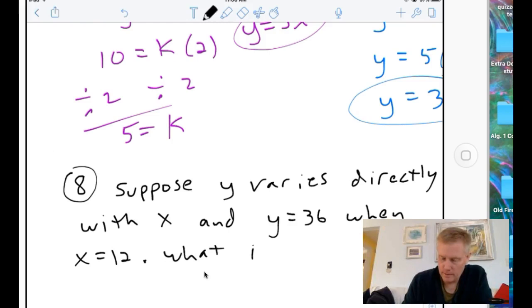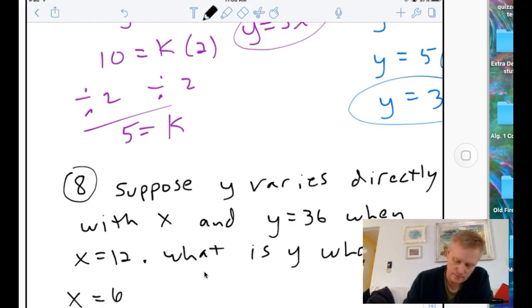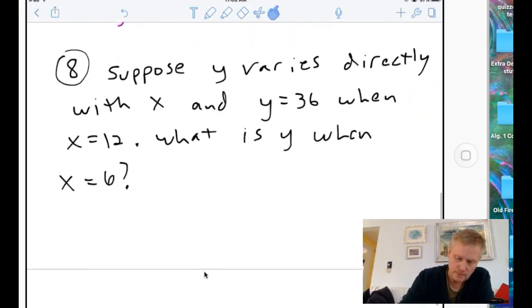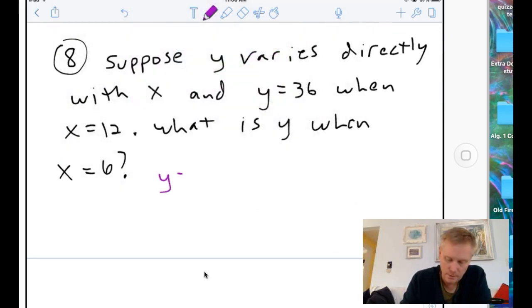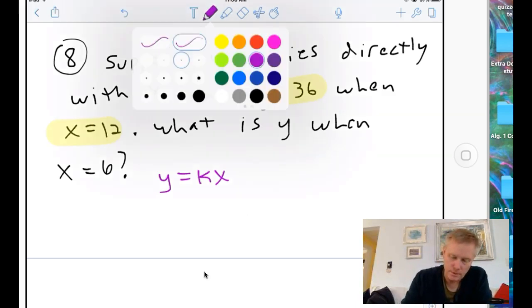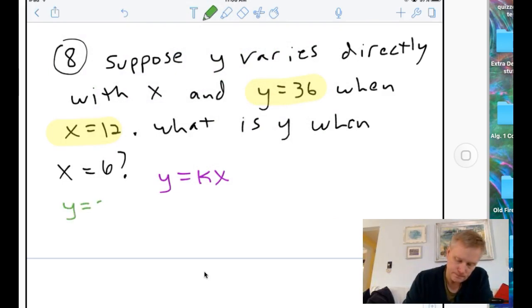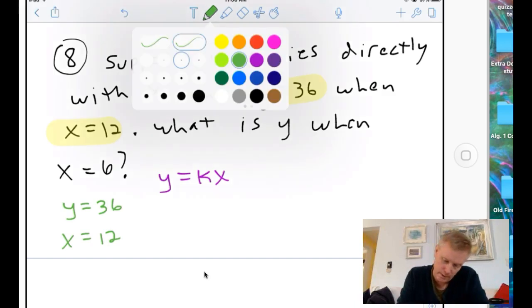What is y when x is 6? Alright, so y equals kx. Over and over again, y equals kx. And these two go together. So y equals 36 when x is 12. Over on the other side, x is 6, and they're asking what is y?